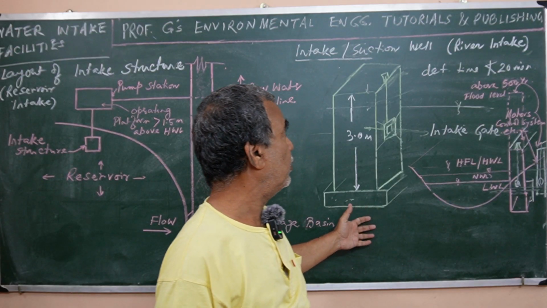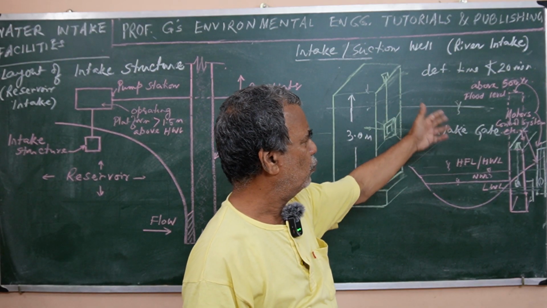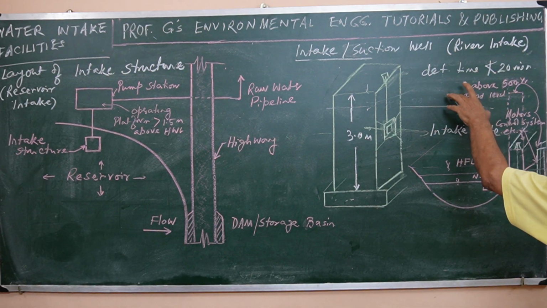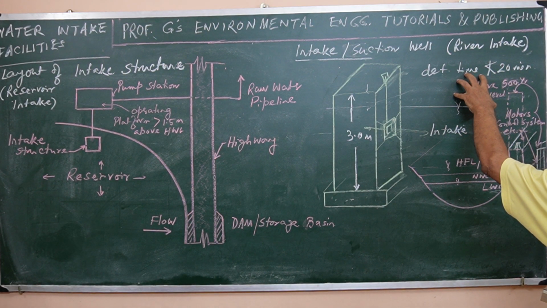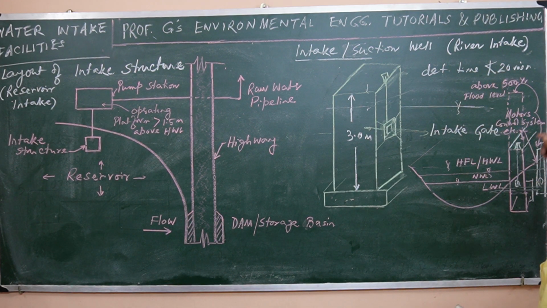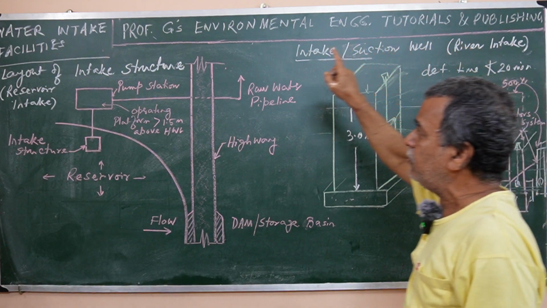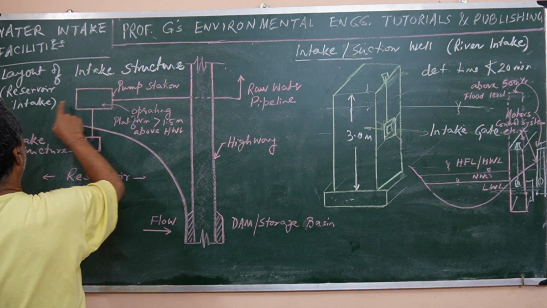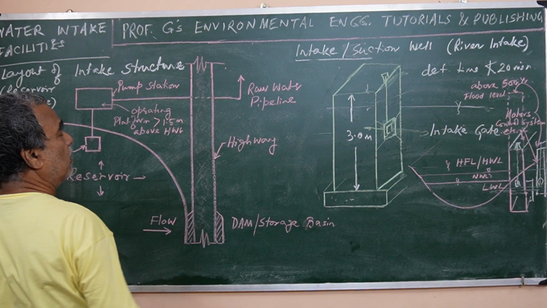I have added here the notation, or rather the captions also, right? So this we have added. Like suppose this one. Now this is a river intake, and that is a typical plan, the layout of, as I have written here, reservoir intake also.